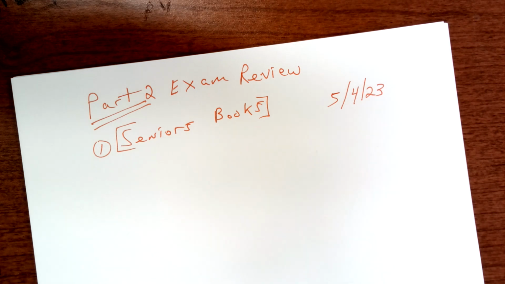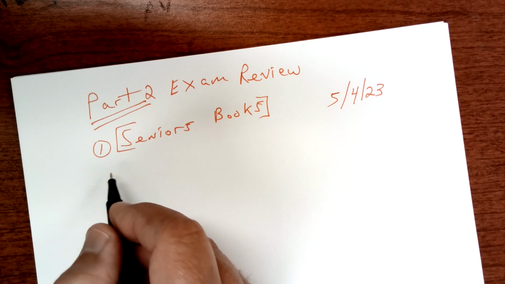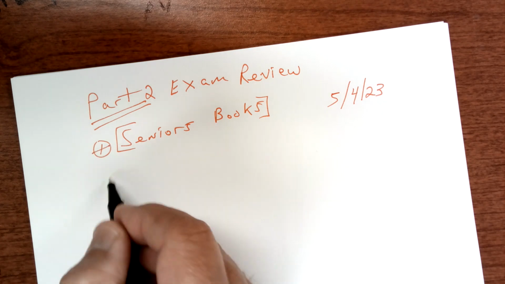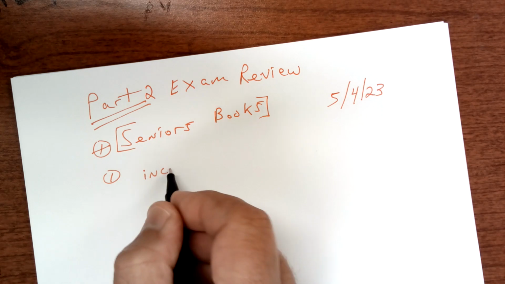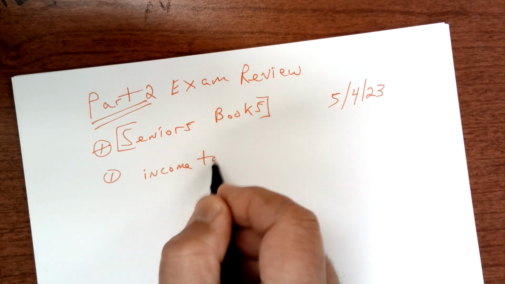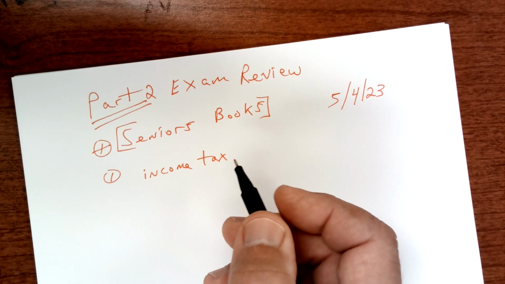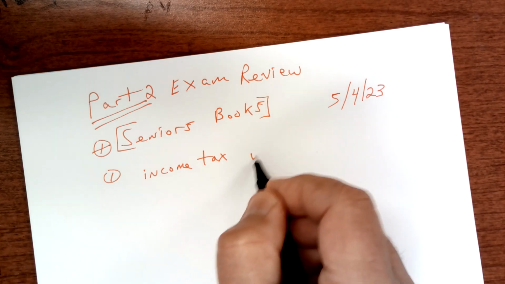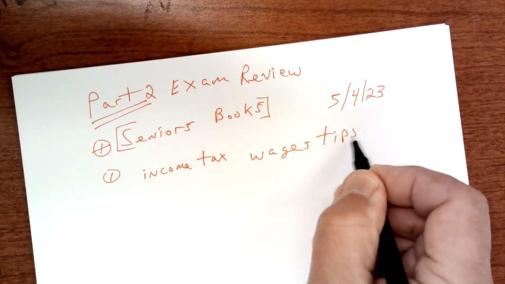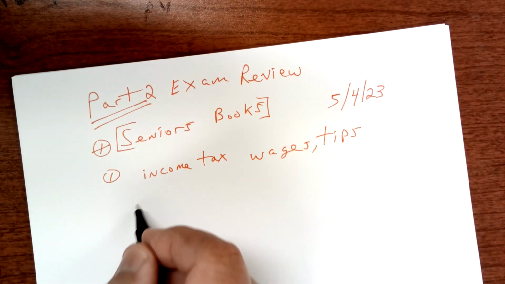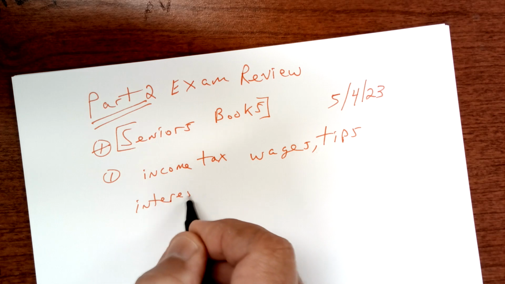All right, so here we go. Number 1, income tax. Income tax is paid on wages, how much you make, and tips. But it's also paid on the interest you make from a bank.